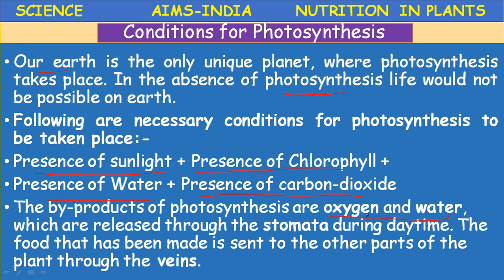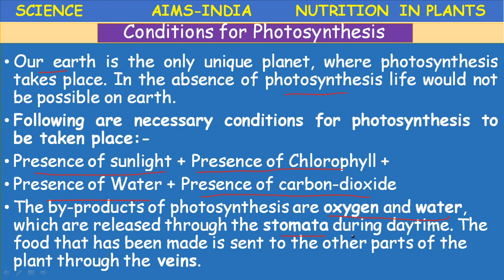The byproducts are oxygen and water. But don't forget to write sunlight and chlorophyll on the arrow mark. In the presence of sunlight and chlorophyll only, the process takes place. These two, oxygen and water in the form of water vapor, will be released through the stomata, the kidney shaped.